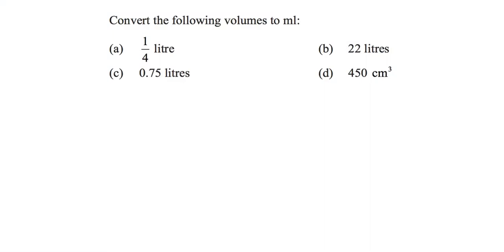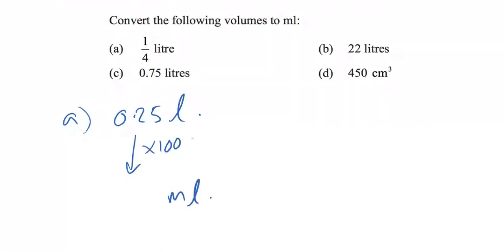Okay, a few other quick questions. Let's have a quick go at some of these. So converting from volumes into milliliters. A quarter of a liter is 0.25 liters. So if I want to get that into milliliters, I'm going to need to times by 1,000.